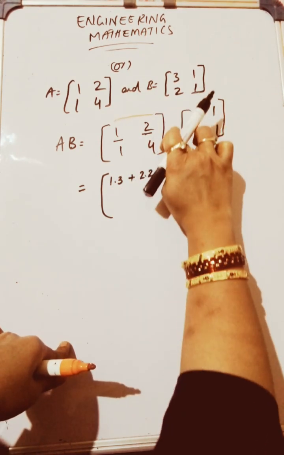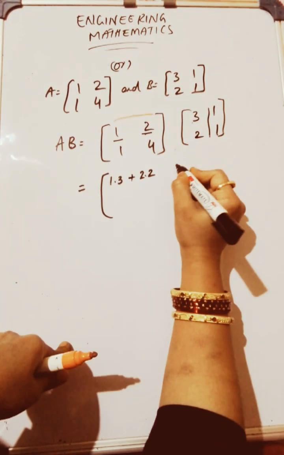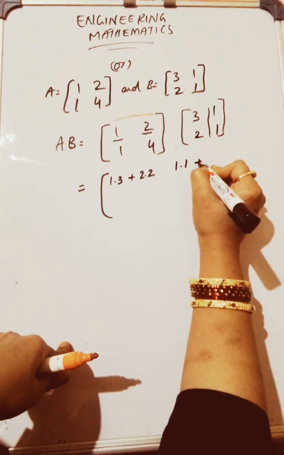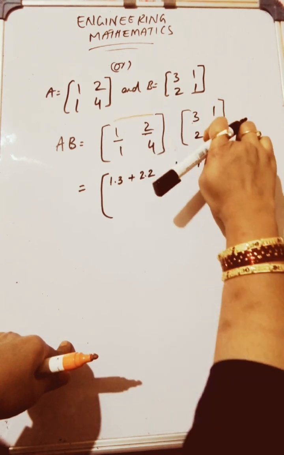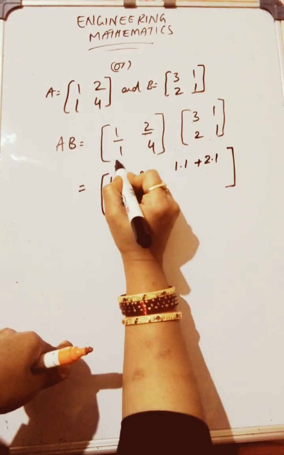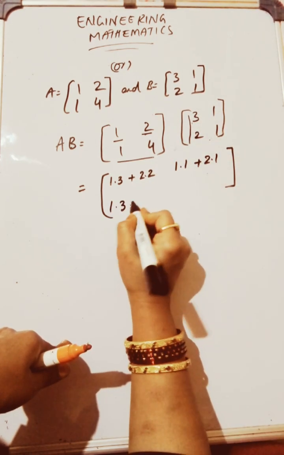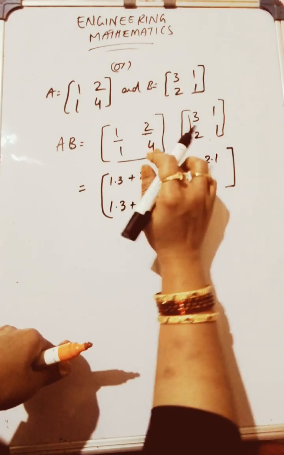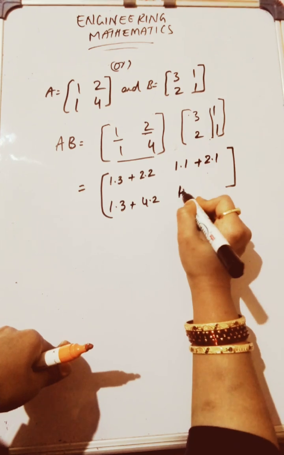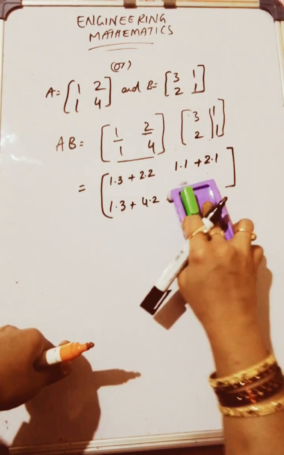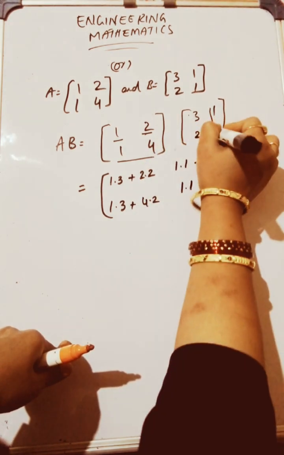Similarly, this one with this one: 1 into 1 plus 2 into 1. Similarly, this one with this one: 1 into 3 plus 4 into 2, and this one with this one: 1 into 1 plus 4 into 1.